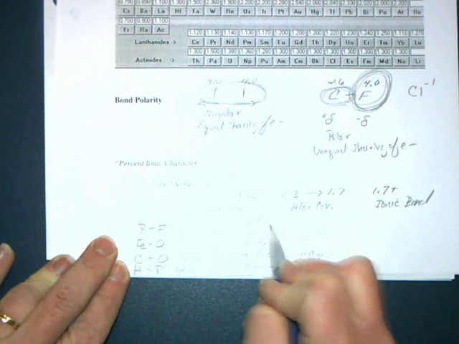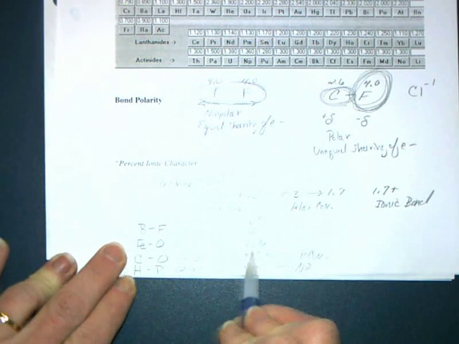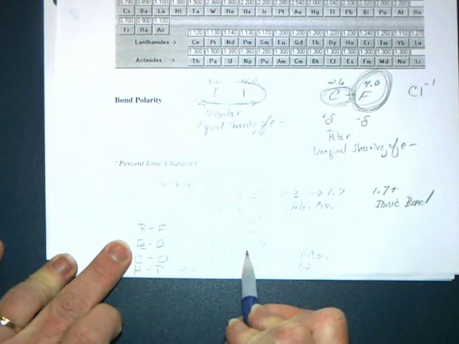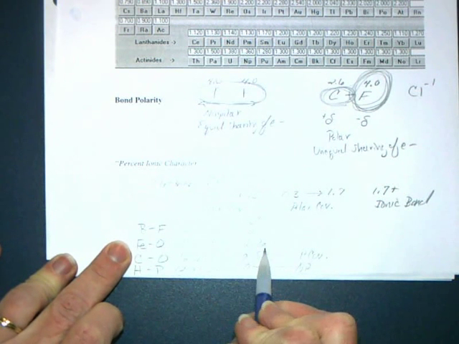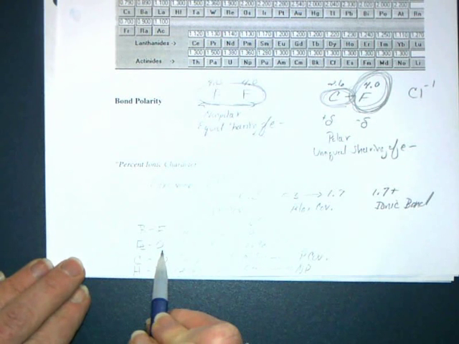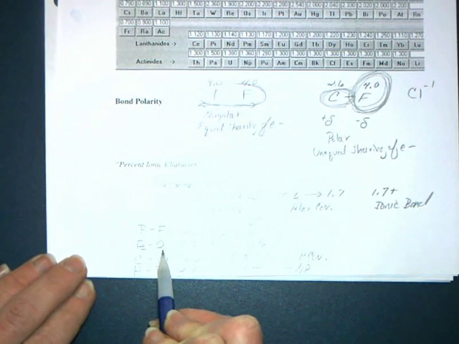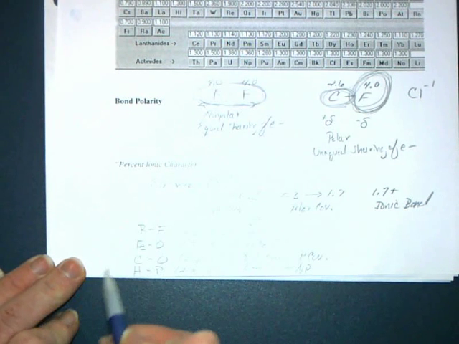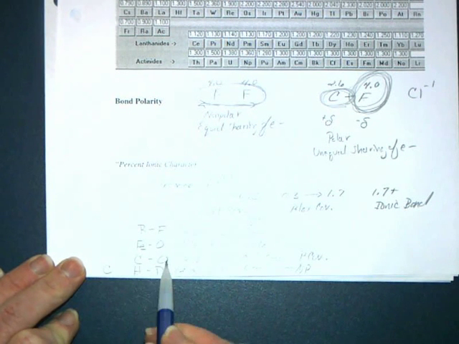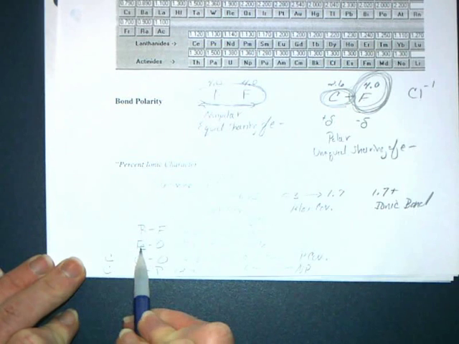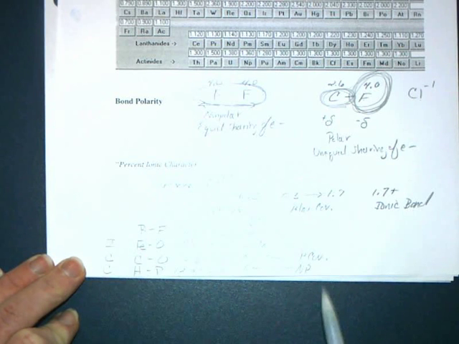Now what about these guys? Now this technically falls in the realm of being polar covalent. However, it's a metal and a nonmetal. Composition trumps electronegativity difference. Nonmetal, nonmetal, we know it's covalent bond. Metal, nonmetal, ionic.